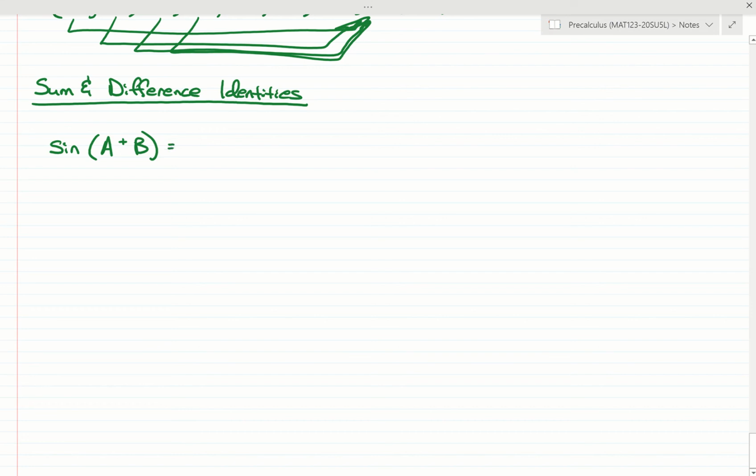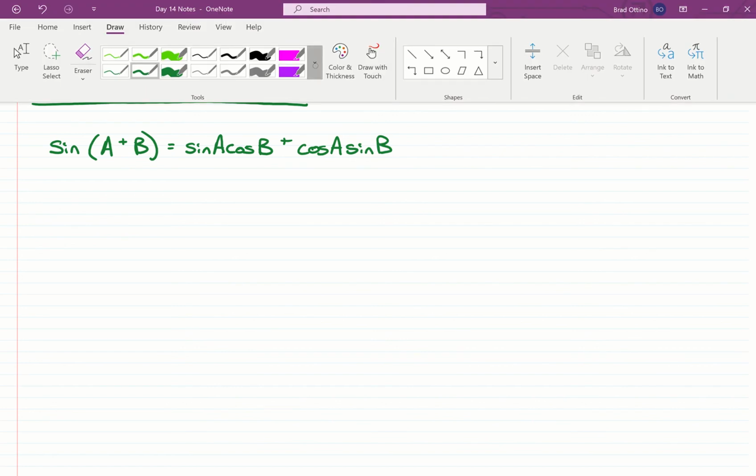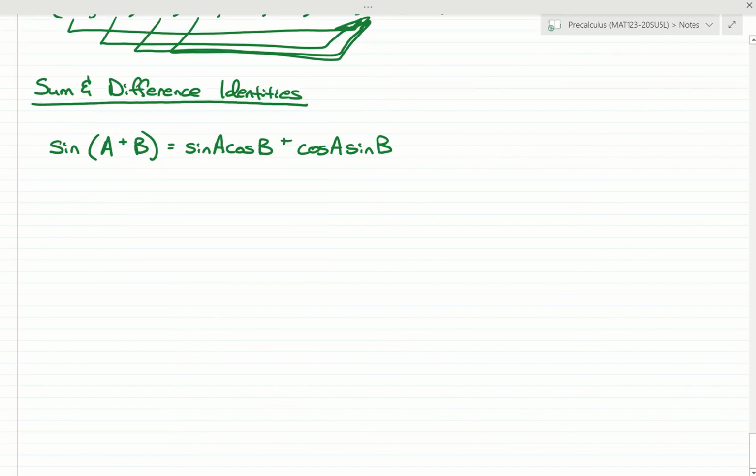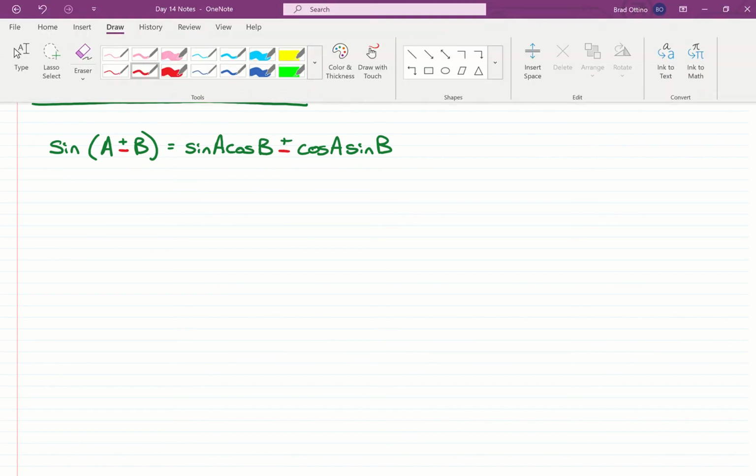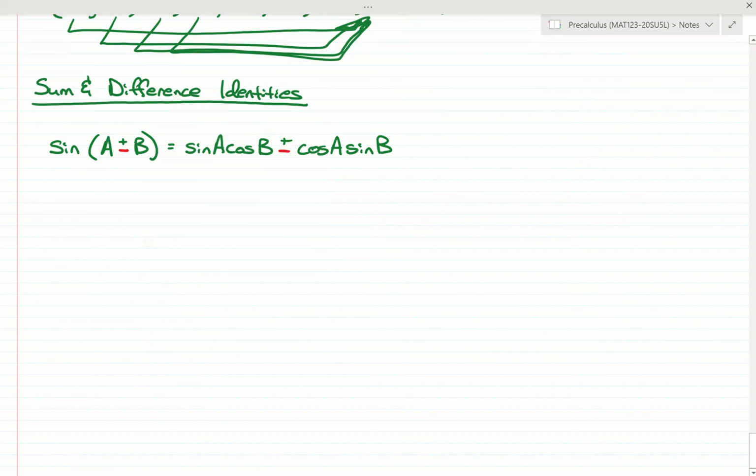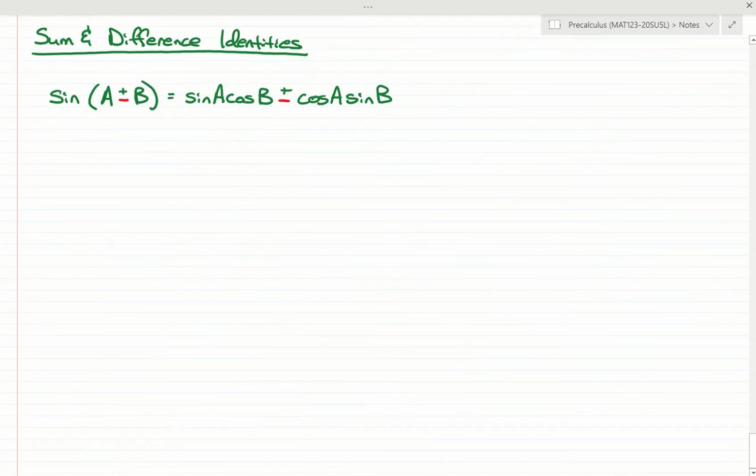The formula for the sine of a sum would be the sine of the first times the cosine of the second plus the cosine of the first angle times the sine of the second. Now what if you were subtracting? If you wanted to get 15 degrees from 45 minus 30, you could subtract here and you could subtract here.